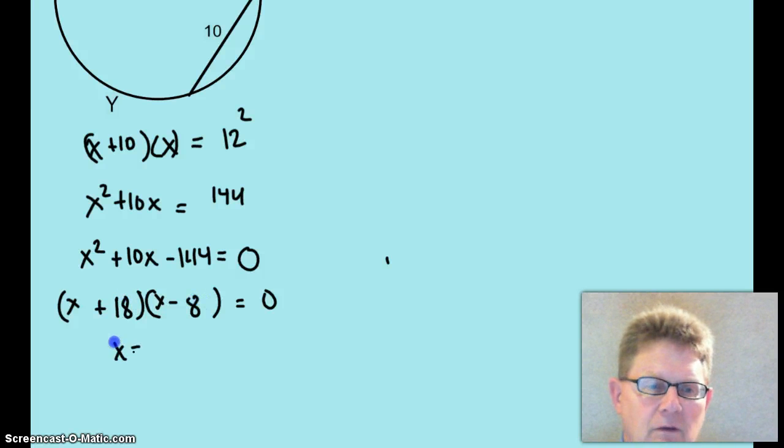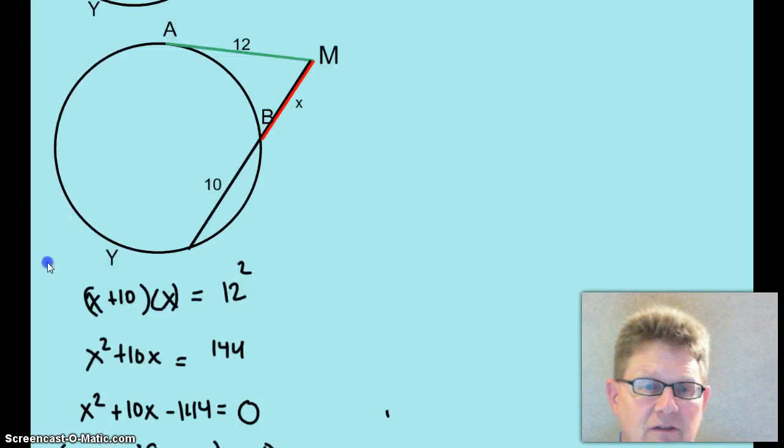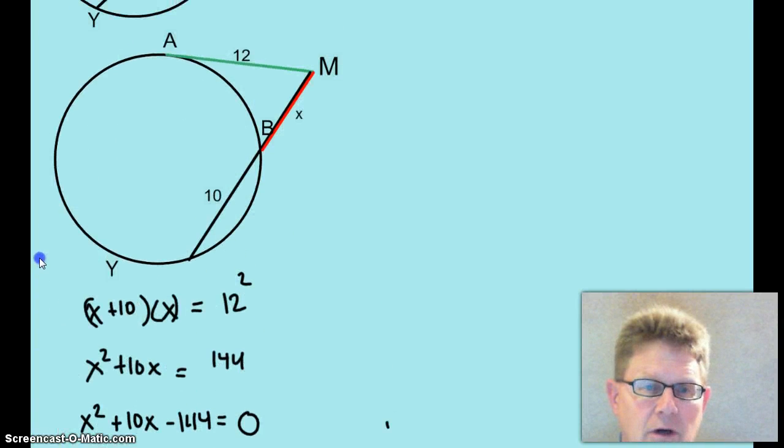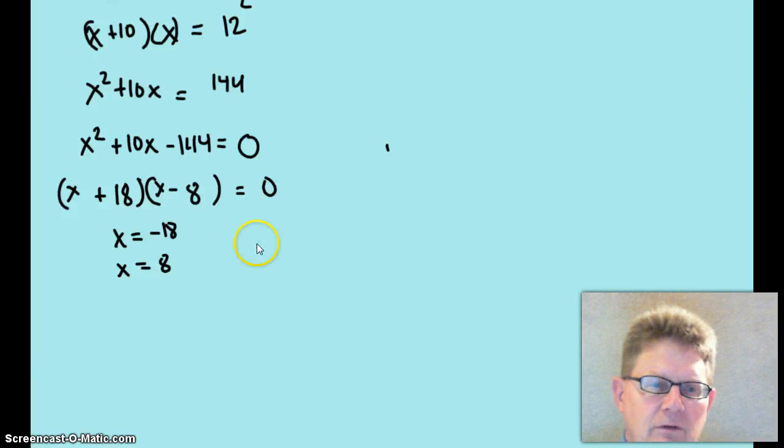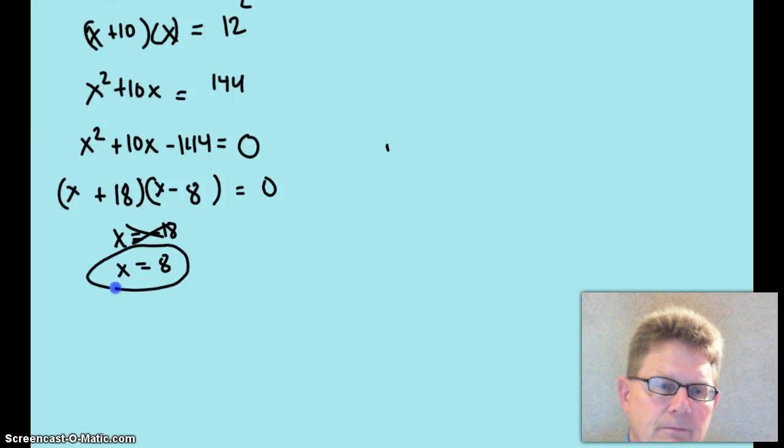So x plus 18 equals 0, x equals negative 18, or x equals 8. I don't think it's going to work really well if x is negative 18, because that outside part will be a negative, and that's kind of an impossibility. So we're going to have to accept only x equals 8.